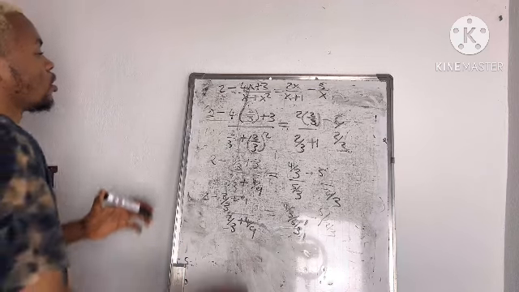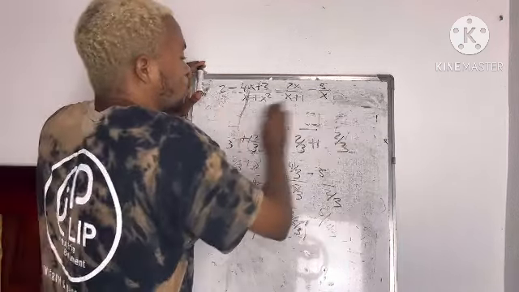Okay, now the next thing we should do is 3 times 9 gives you 27, right? 27 plus 8, that is 35.